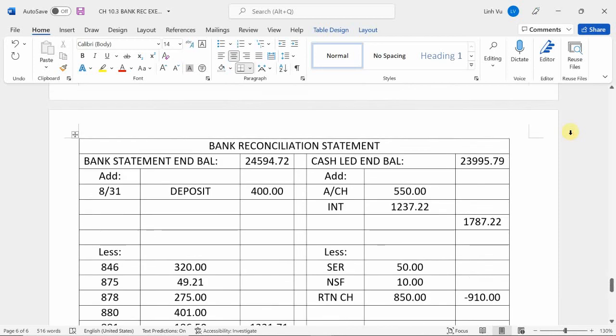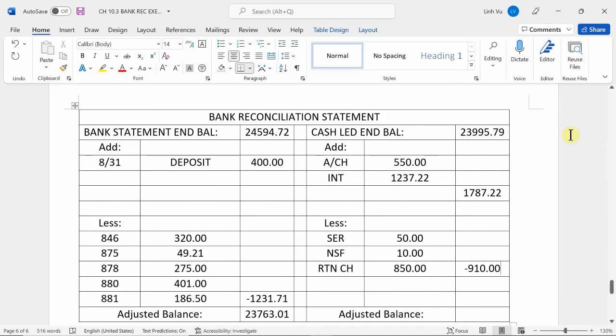All right, go do your calculation now. If you started out with $23,995.79, right? And you need to add your interest and ACH of a total of $1,787.22. And you need to subtract out your fees of $910.